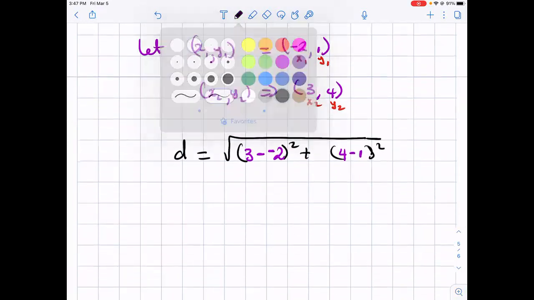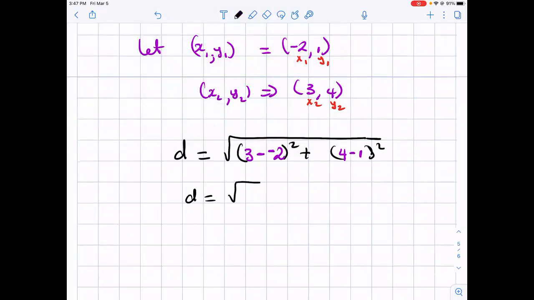So we have here that d is equal to the square root of 3 plus 2, because these two negatives here become positive, squared, plus 4 minus 1 squared.